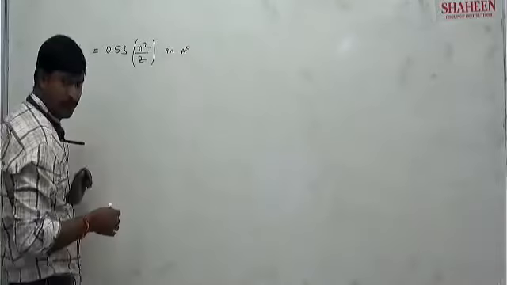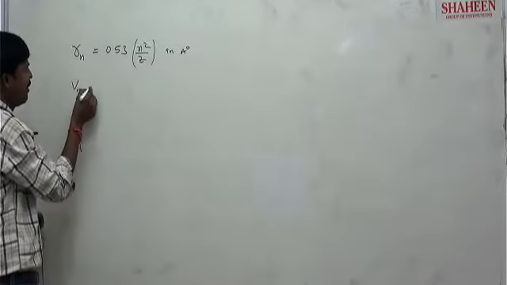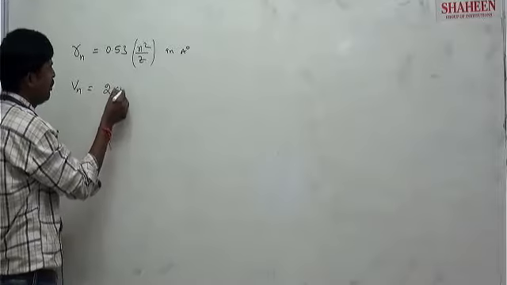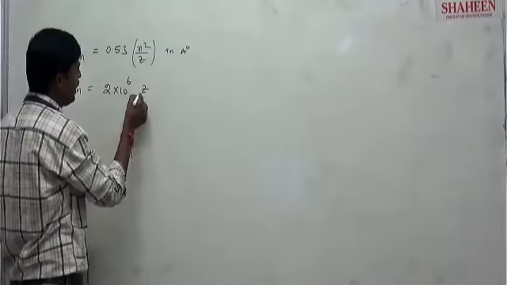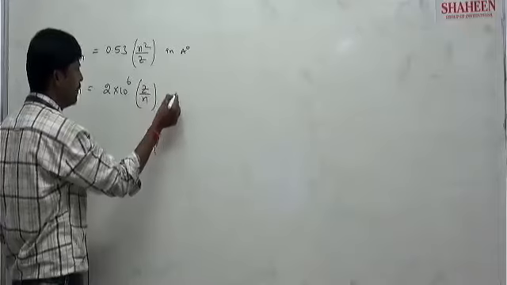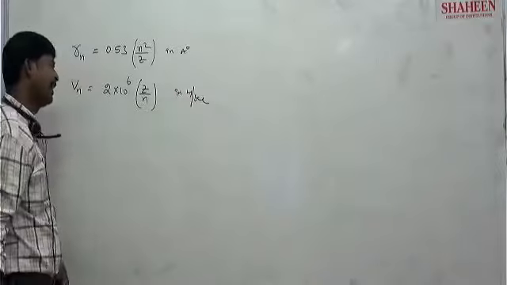Do you remember? Yes. Then velocity in nth orbit is nearly 2 into 10 to the power of 6 into z by n meter per second.